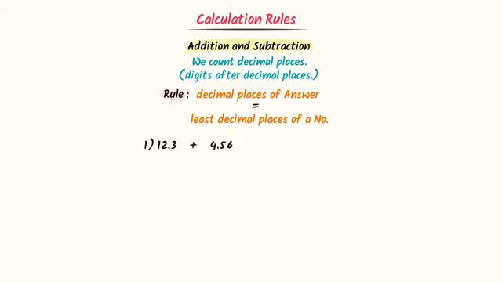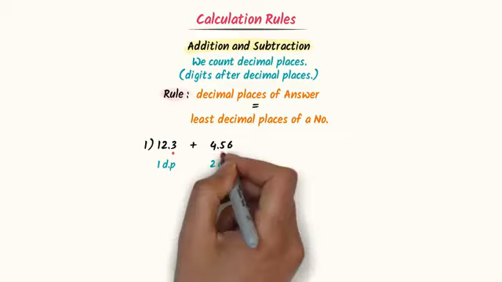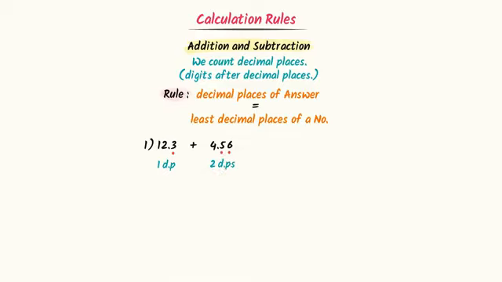Now here 12.3 has one decimal place. I mean there is only one digit after the decimal point. And in 4.56 there are two decimal places. I mean there are two digits present after the decimal point. So our answer must have only one decimal place.